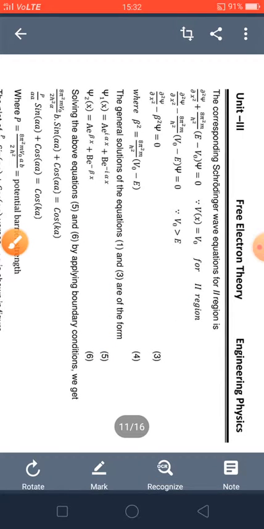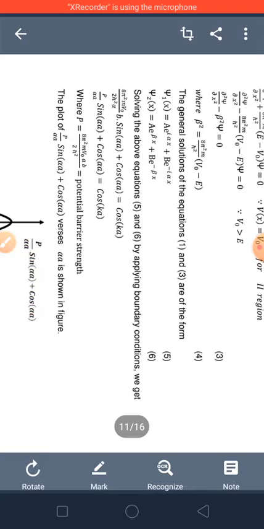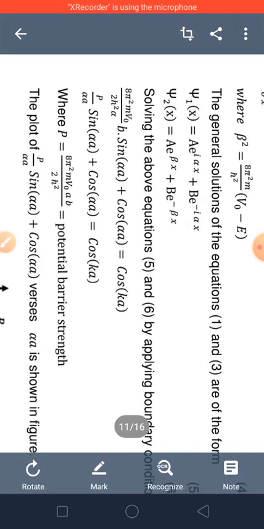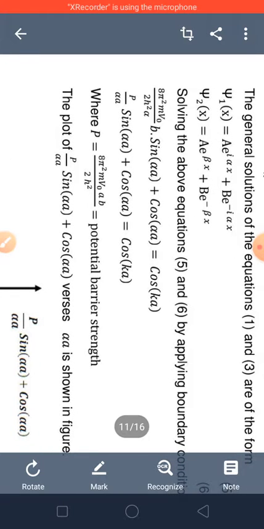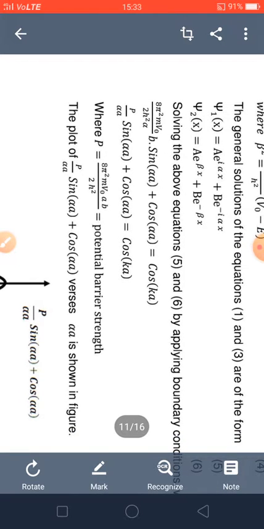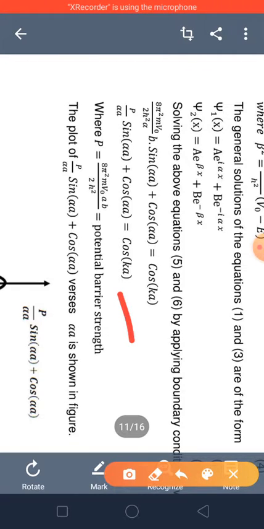After solving, we got the result 8 pi square m V naught b by 2 h square alpha into sin alpha a by alpha a plus cos alpha a is equal to cos k a. By putting 8 pi square m V naught b by 2 h square is equal to P, we reduce the equation to P by alpha a sin alpha a plus cos alpha a is equal to cos k a.